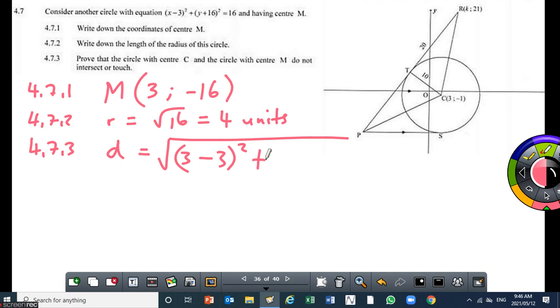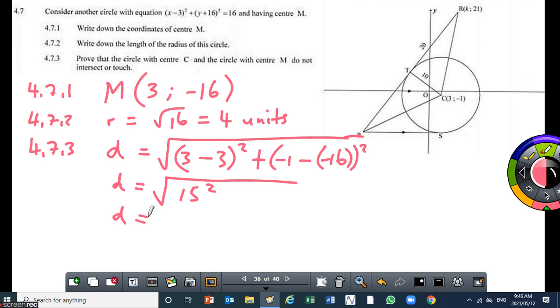Plus that minus 1 there, minus 16. This is going to be interesting. So D is equal to the square root of positive 15 squared. So D is 15 units.